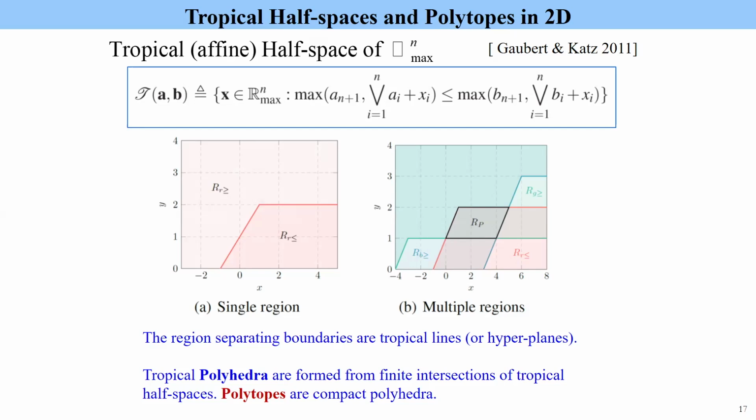So then polyhedra can be formed from finite intersections of these tropical half spaces, where these tropical half spaces correspond to inequalities where on both sides you have a max plus polynomial. And then the polytopes are compact polyhedra.